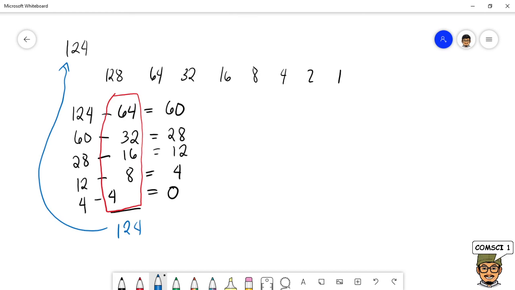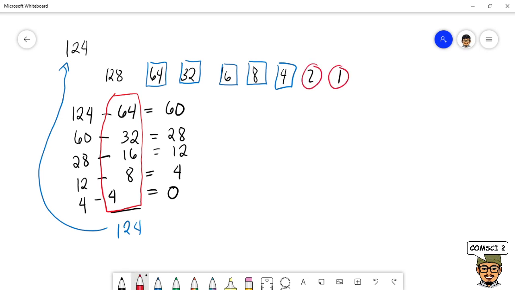Next, let us interpret what we used. So we used 64, we used 32, we used 16, we used 8, we used 4. We did not use 2 and 1.